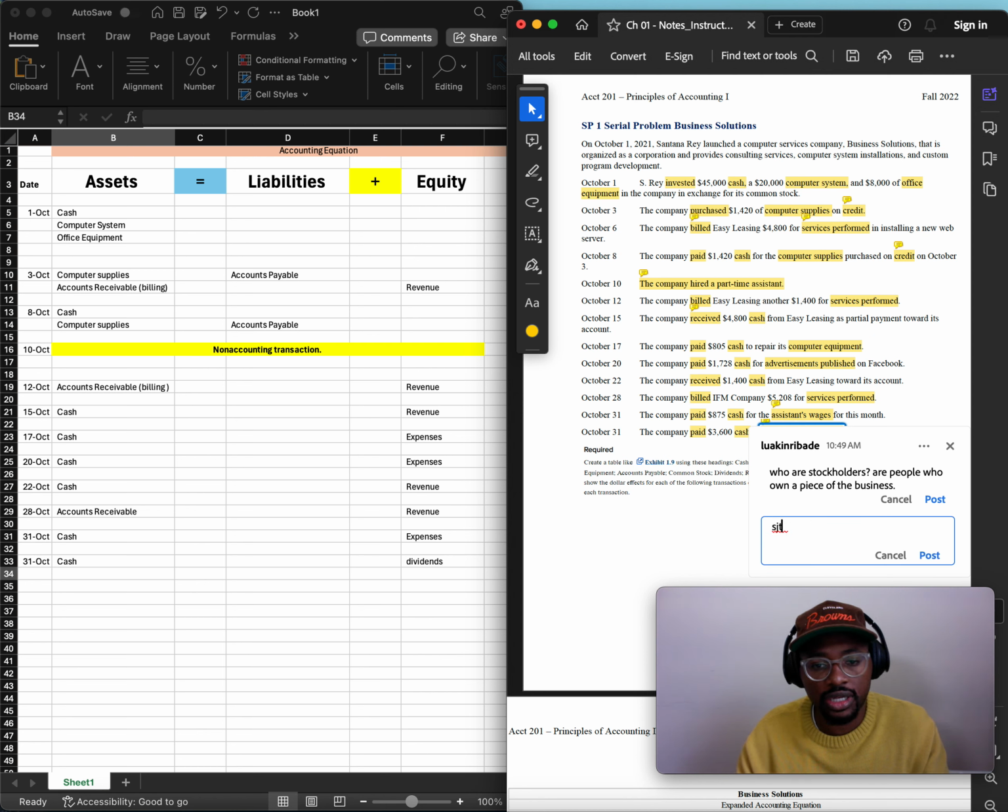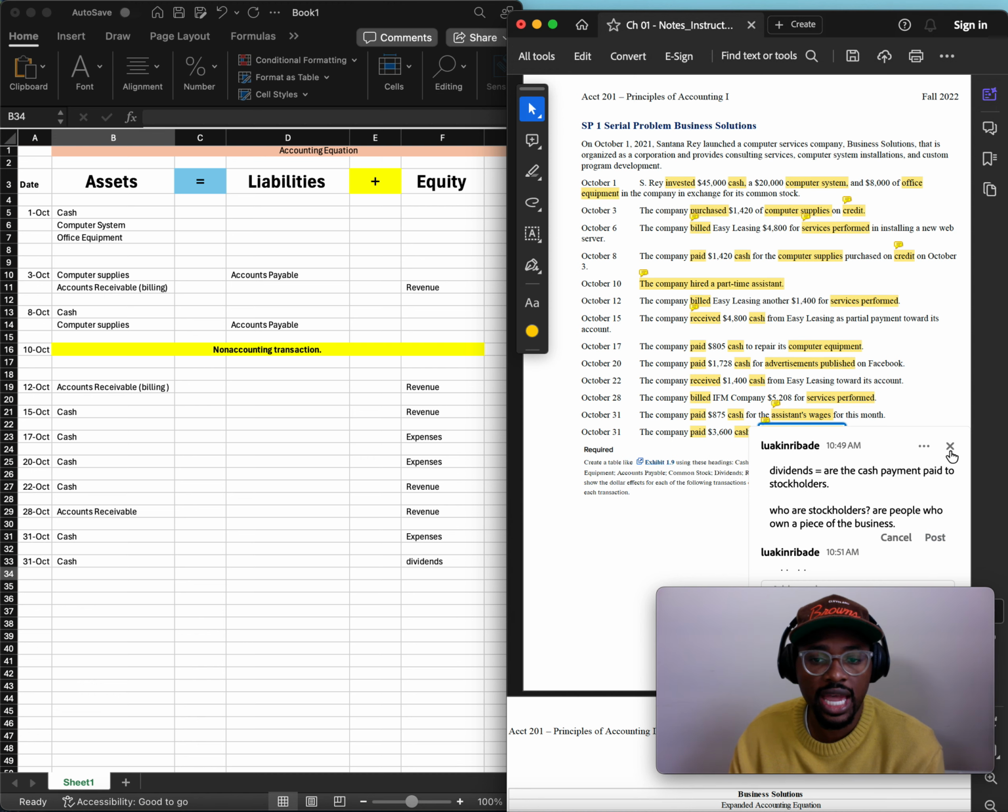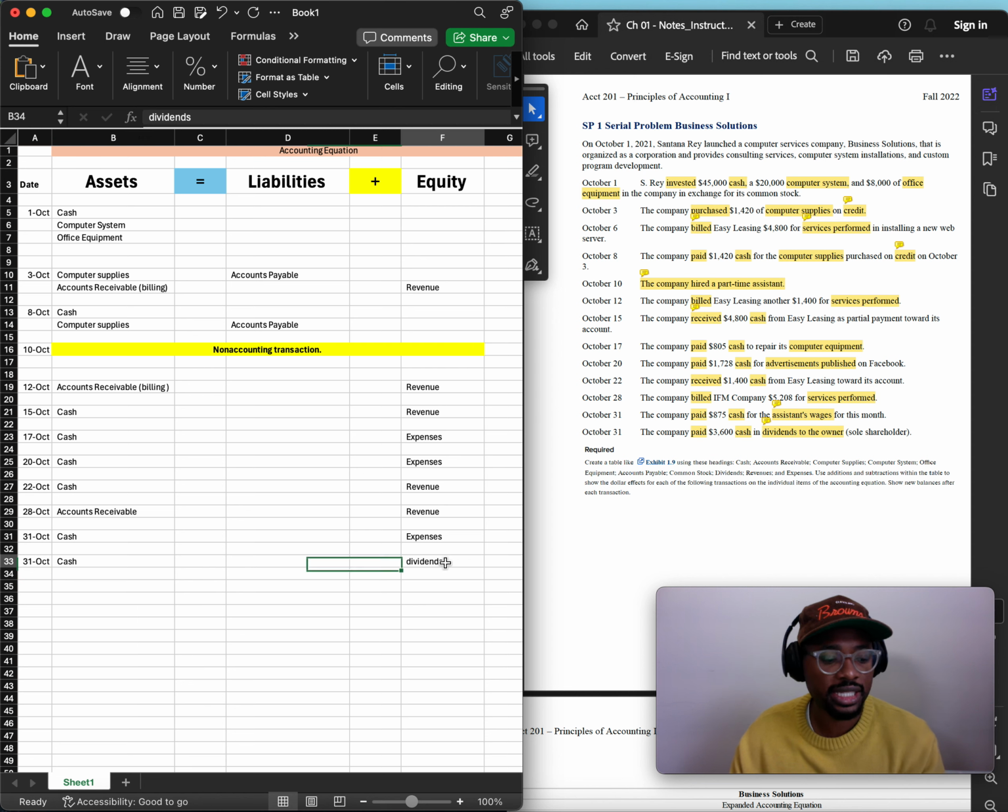In other words, let's just put it there to be clear. Stockholders equal owners. Company pays stockholders. So when a company pays stockholders, we call that dividends. Dividends, again, is when company pays stockholders. You got it. So that's why we put cash and dividends.